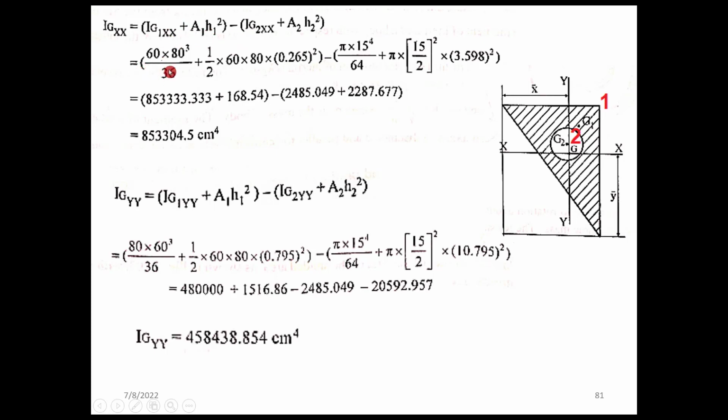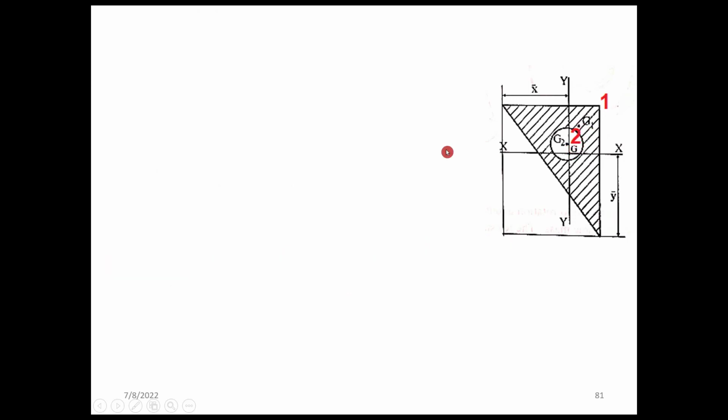For the triangle, we have previously derived the moment of inertia with respect to the base as bh cube by 36, plus 1 by 2 into 60 into 80, which is the area, into the distance between G and G1.